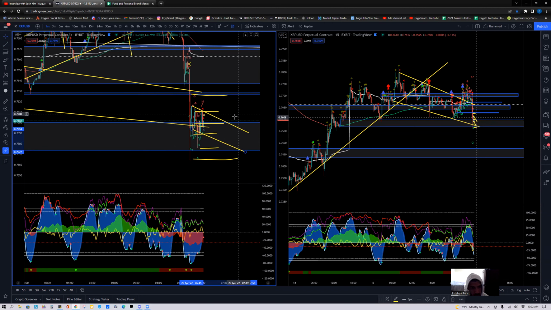This is probably what we got going on here. That's my strategy too. After an impulse correction with a bull or bearish pendant, wait for a break, inverse head and shoulder or head and shoulder, and then enter after.